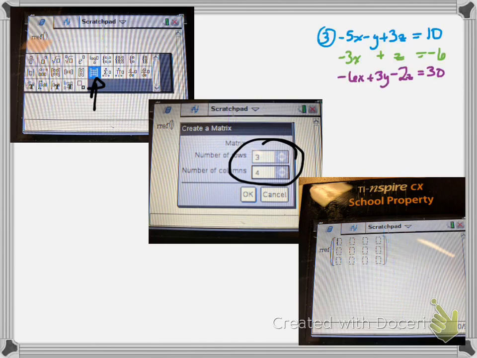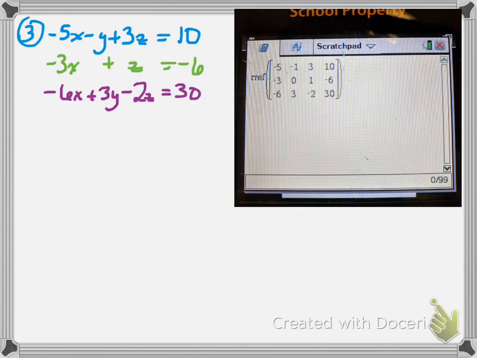Then we're going to fill in, and you're going to fill in on this third one by typing in the first column all your x's. So in this case, -5, -3, -6. When you get it typed in, it will end up looking like this.